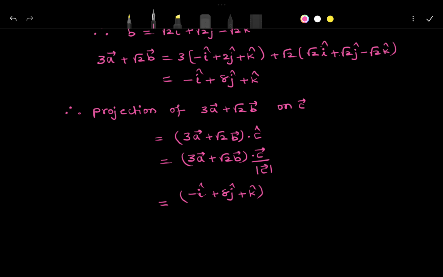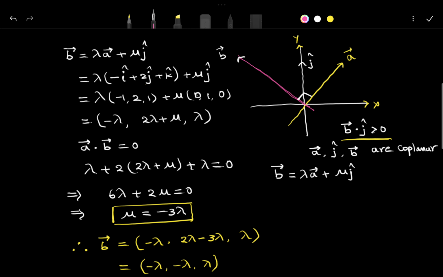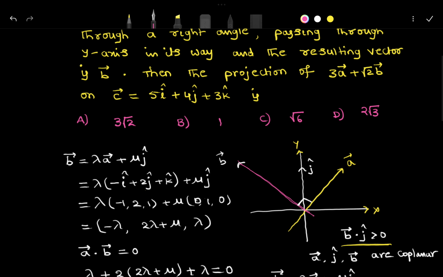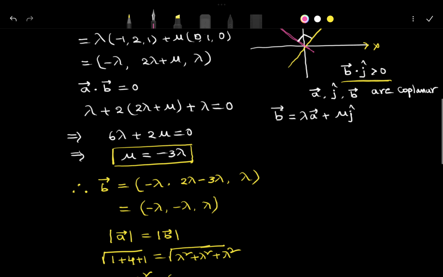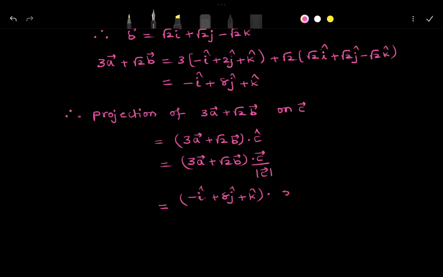What is vector c bar? c bar is 5i plus 4j plus 3k, as given. So substitute 5i plus 4j plus 3k, whole divided by modulus of c bar.